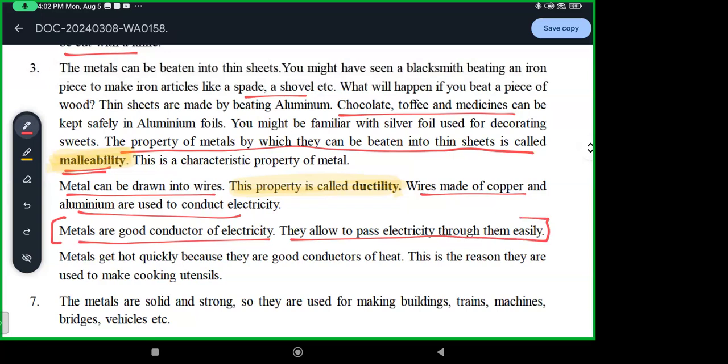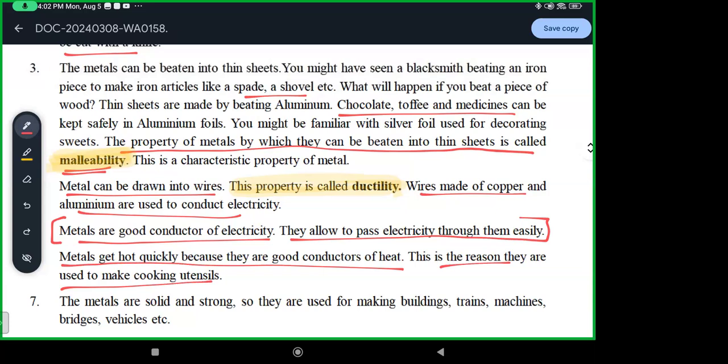Metals get hot quickly because they are good conductors of heat. This is the reason they are used to make cooking utensils. Okay, this is why cooking utensils are made up of metals.